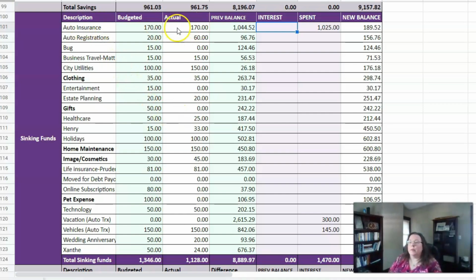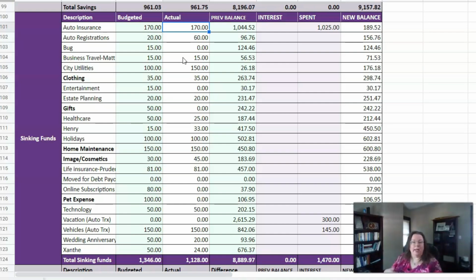So we have a number of them here. In auto insurance, we put in 170. Auto registrations, we put in 60. For Bug, that's our granddaughter, we did not put anything in for that. For business travel, we did 15. That's so Matt works for the state. And if he has to travel for work, he has to pay out of pocket and then submit for a reimbursement.